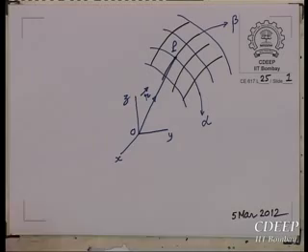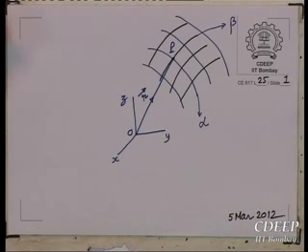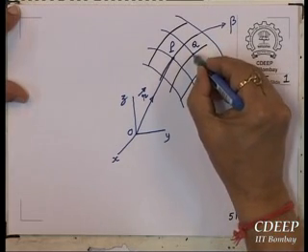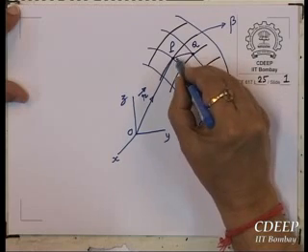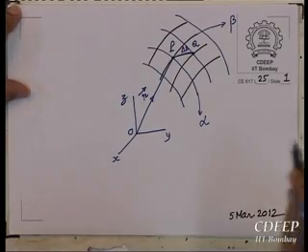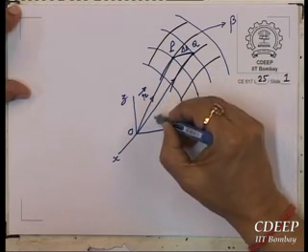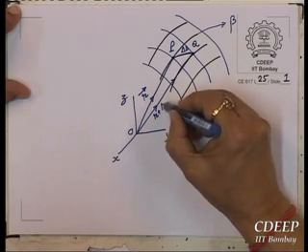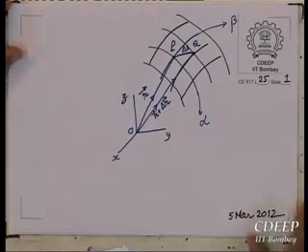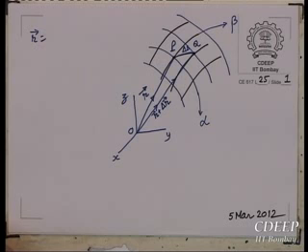Proceeding in the same manner as we proceeded earlier, if I take another point Q here, and join them by an arc length ds, this vector is r plus dr.